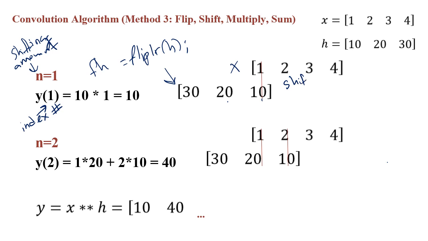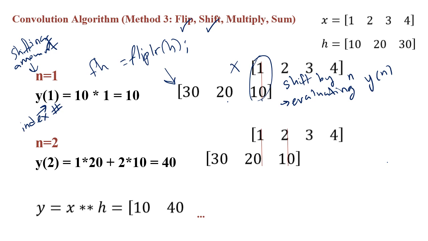So shift by n results in evaluating y of n. So we've already covered how to flip the signal and how we do the shifting. Now to take care of the multiplication, we said we're going to multiply the overlapping elements. So far here, when the shifting amount is 1, we have 1 overlapping element in total.